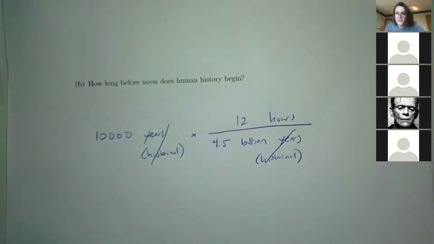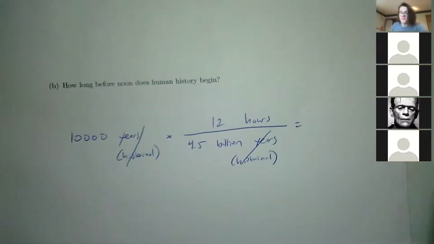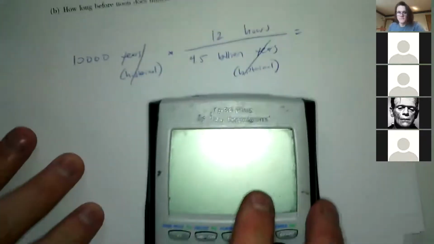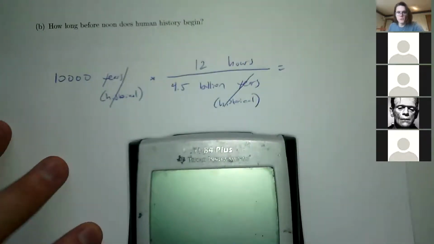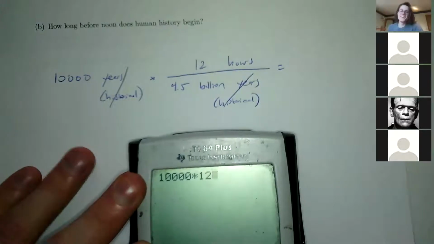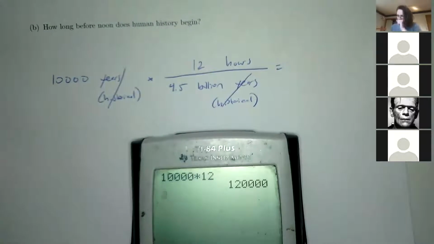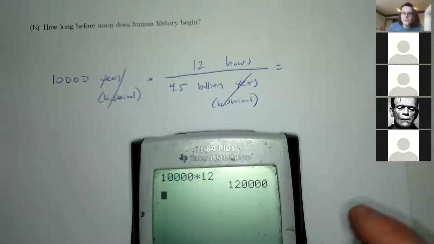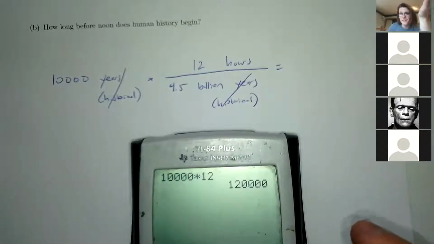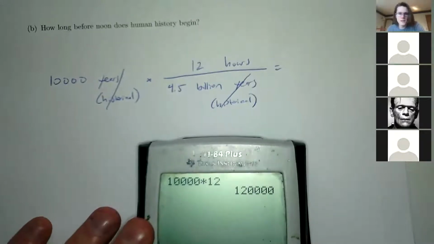All right, maybe I'll do this one and you can figure out the other one. I already laid it out, but let's see if I can get everything in here. So I get 10,000 times 12. The only weird part might be the billion, because we need to divide this by 4.5 billion. A million is 10 to the 6, so a billion is 10 to the 9. If you didn't know that, you could have put it in Google.